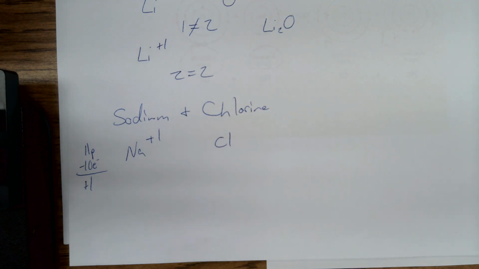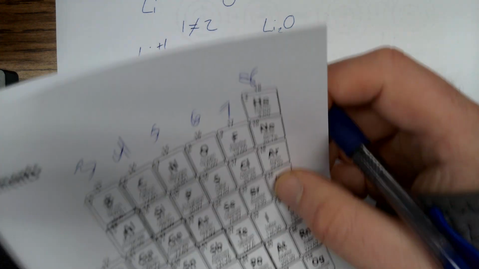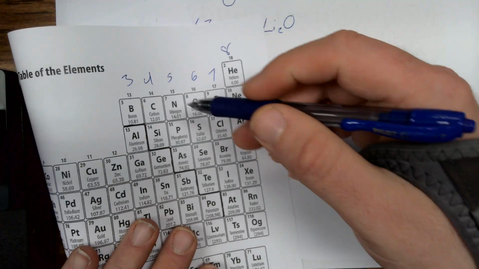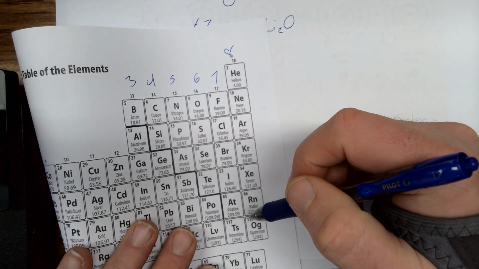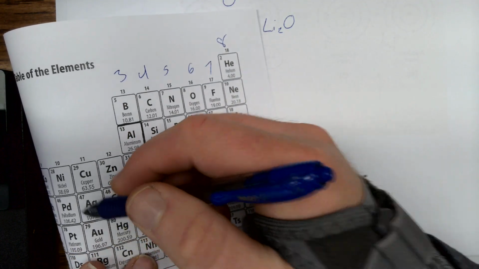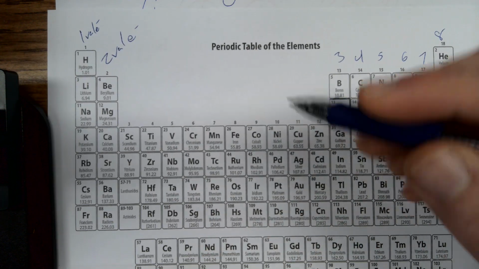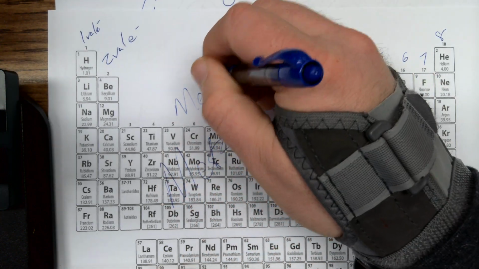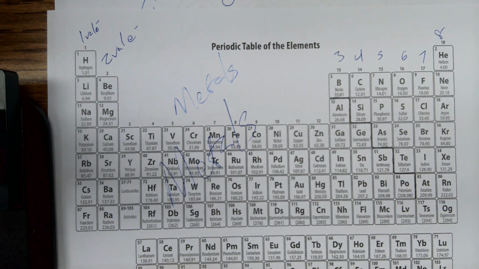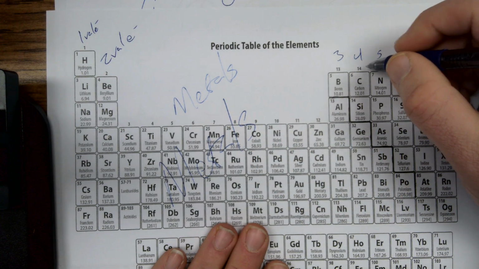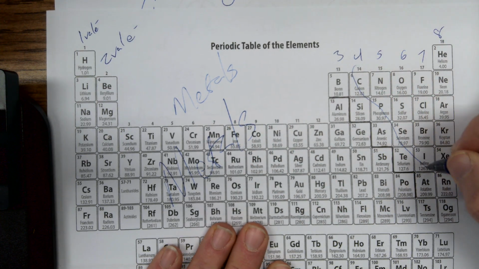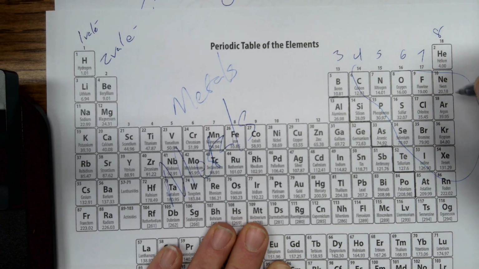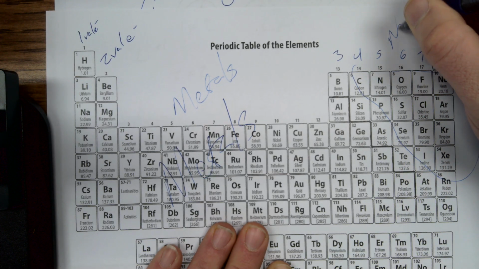Chlorine, on the other hand, is on the other side of my steps. Remember, on the left-hand side of my steps, all of these are metals. Of course, my pen's dying. And everybody on the opposite side of the steps that's not sitting on the steps are my non-metals.